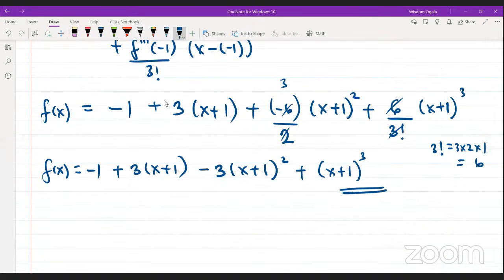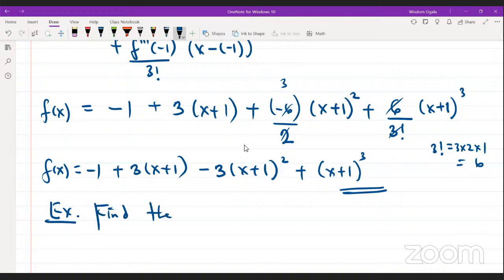Now let's do another thing on Taylor series. Okay, so another example.